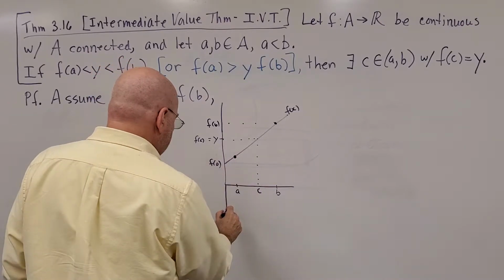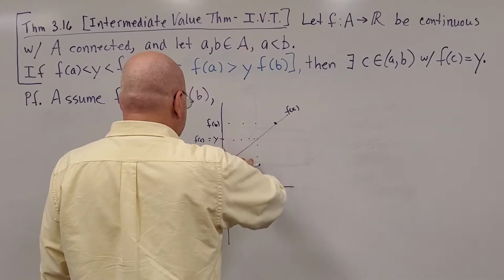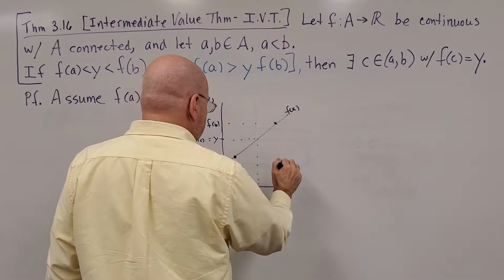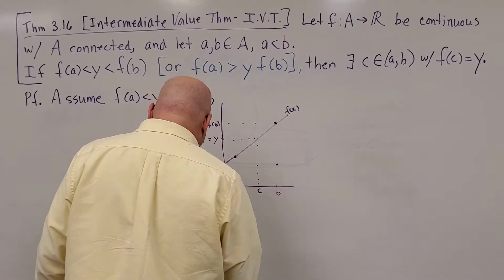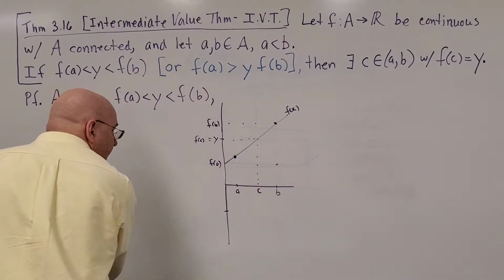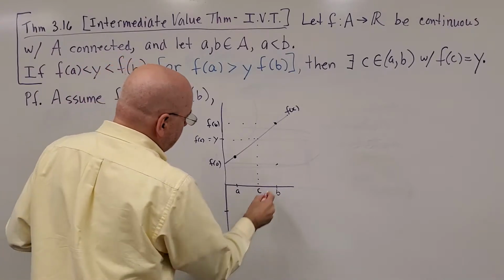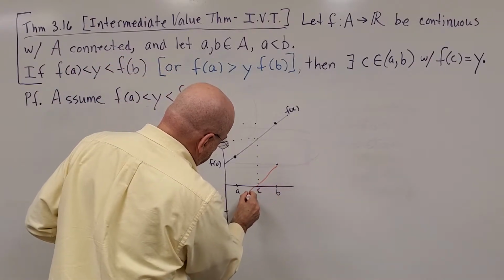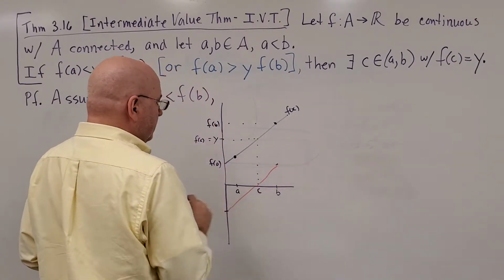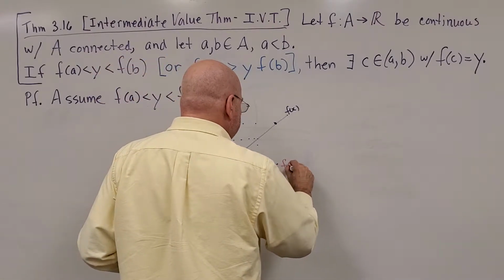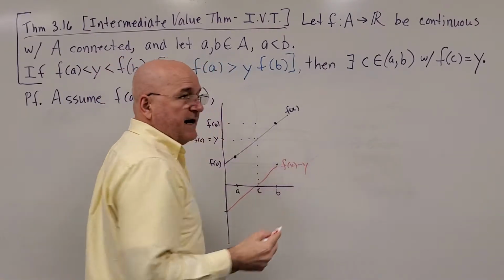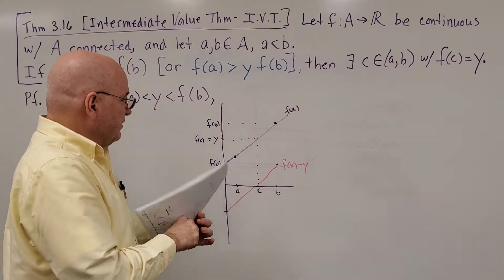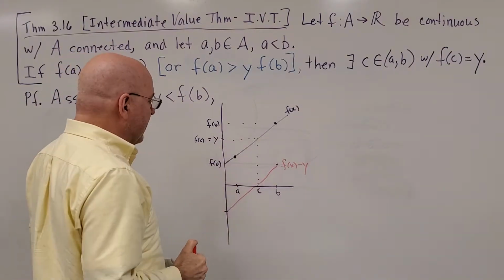So, let's see. If I lower it, maybe I'll use a different color here. This would be the function f of x minus y, minus some number. So it's just a new function. We just dropped it down by y units.